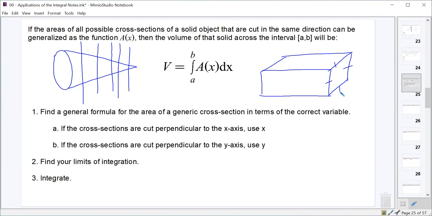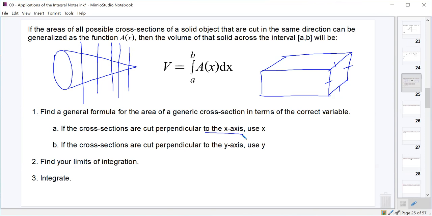We're going to be looking at some slightly more irregular geometric solids, where the base of the solid isn't going to be something like a circle or a square or a rectangle, but it's going to be a function graphed in the coordinate plane. And so there's going to be a couple of rules that we're going to need to follow. The first is if we are looking at cross sections cut perpendicular to the x-axis, our integral is going to have to be done in terms of x.